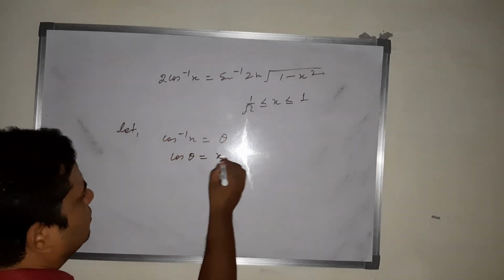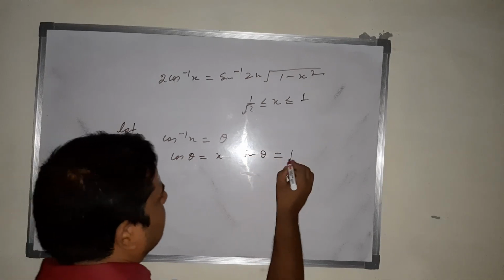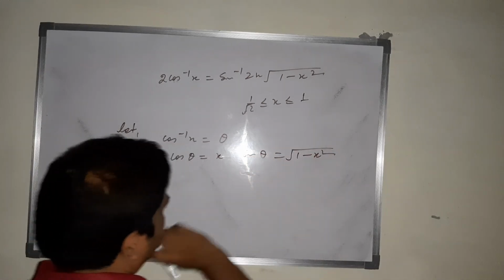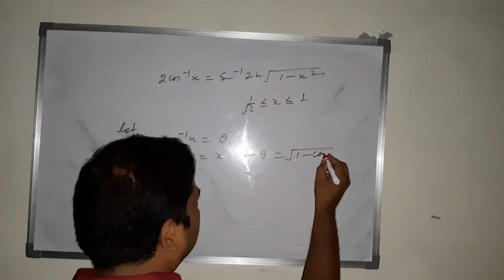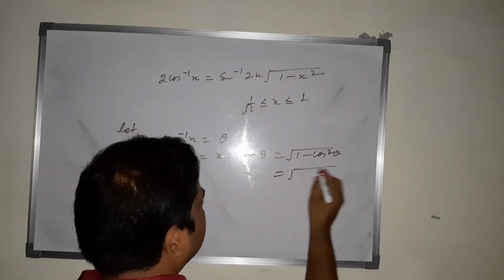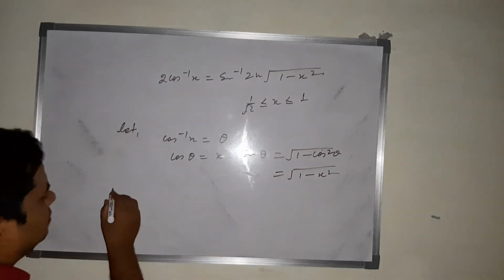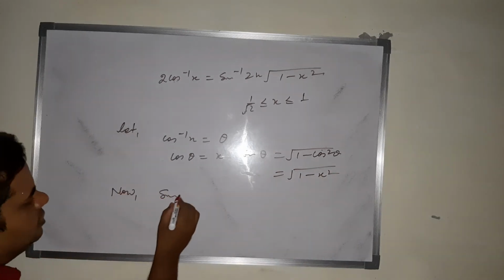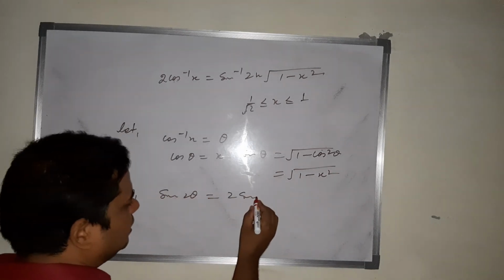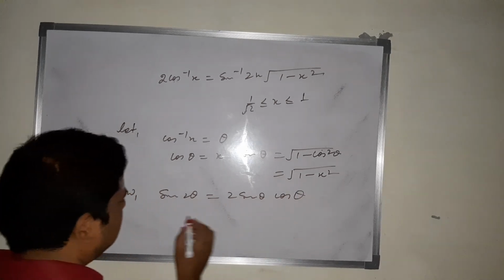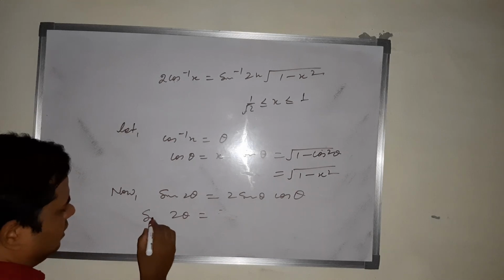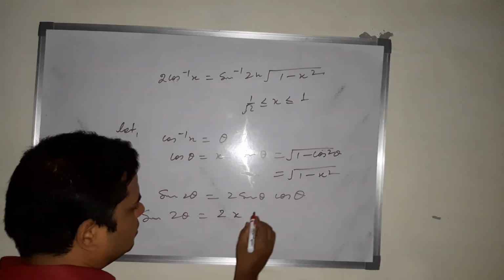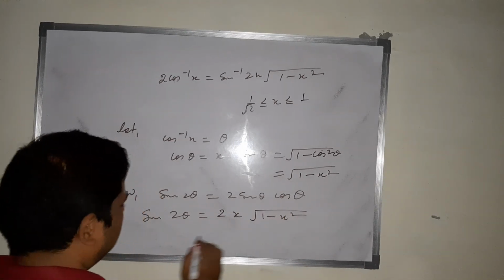So cos theta is equal to x. Then sin theta is equal to root of 1 minus x square. Why? Because sin theta is equal to root of 1 minus cos square theta. Now sin 2 theta is equal to 2 sin theta cos theta, which is 2x root of 1 minus x square.